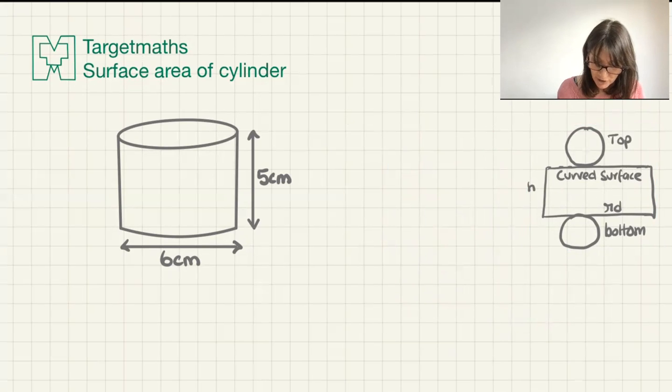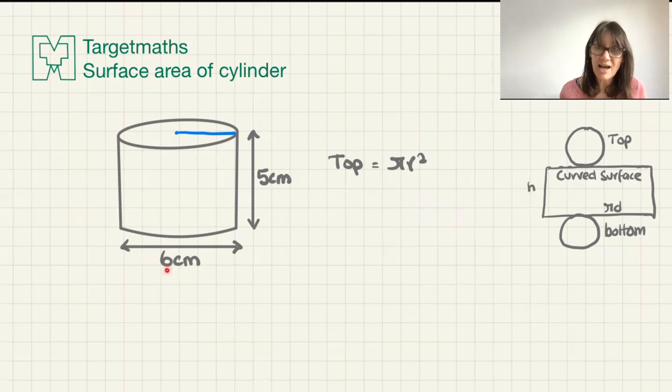All right, let's start solving the problem. So we are going to do the area of the top. So the top is pi r squared. So I've got to go to the diagram. There's my circle, and I need r, which is the radius. I'm going to mark it in. The information I need is down here. They're telling me that from one side to the other, I have a distance of 6 centimeters.